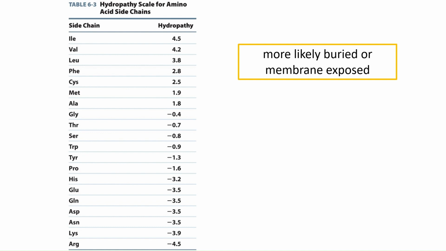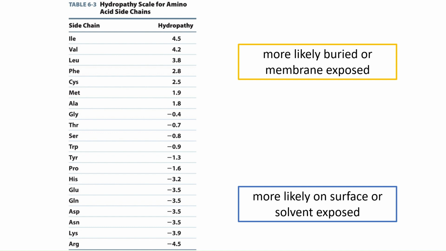And so it's more stable and lower energy for them to hide from the solvent. Compared to these more hydrophilic residues, these are more likely going to be on the surface of a globular protein, or in some way exposed to the surrounding solvent, because they are going to want to interact more with an aqueous solvent, and overall, that will give the lowest energy, most stable shape for a protein.